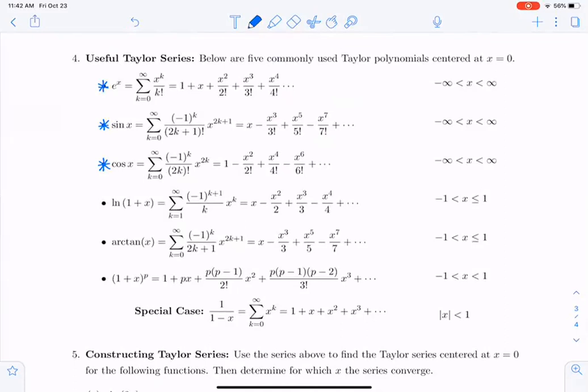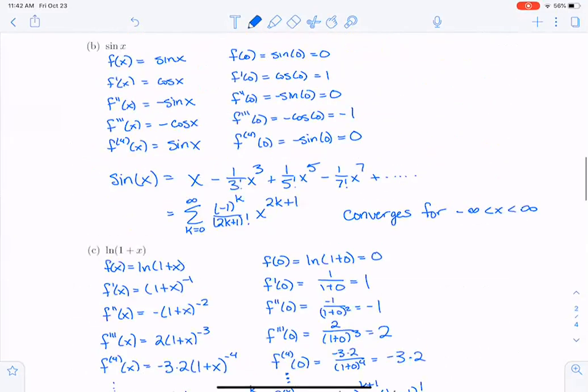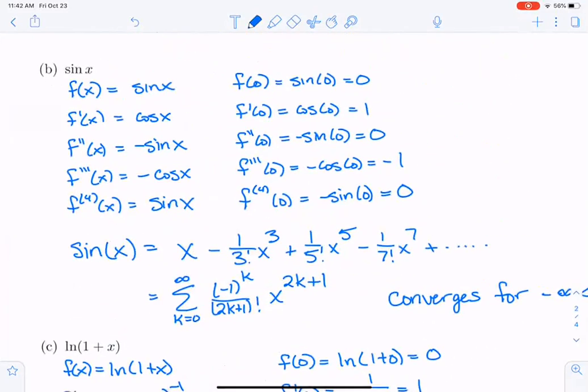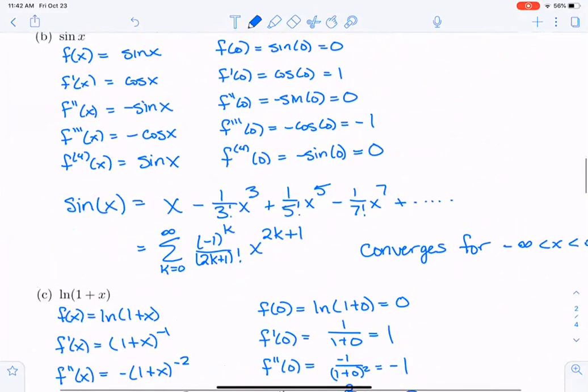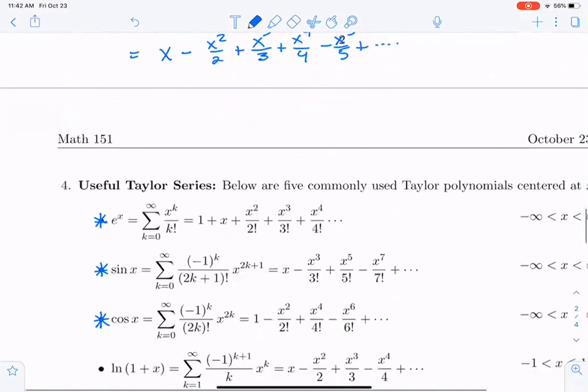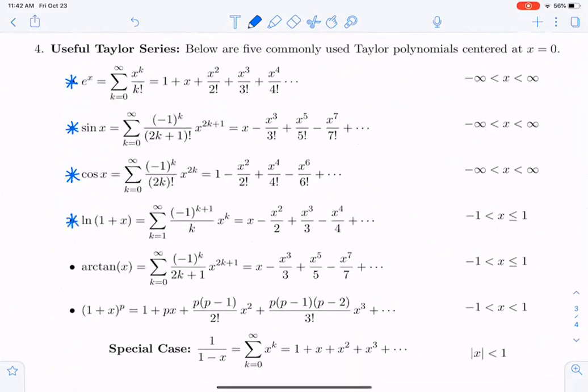And so cosine x is one you're going to do for homework. You're going to want to go back to this technique and basically establish the pattern for cosine x and do it by hand. But cosine x, very important. Natural log of 1 plus x we've done.